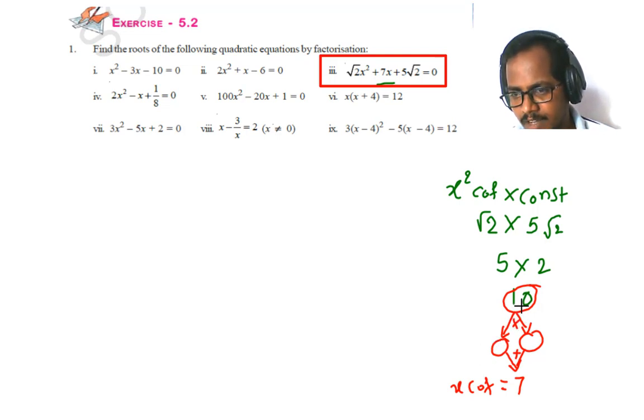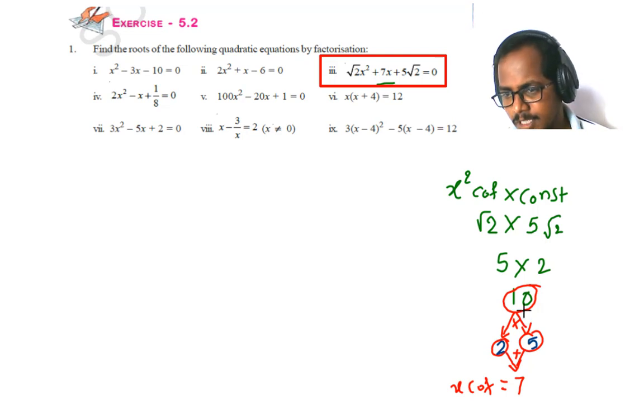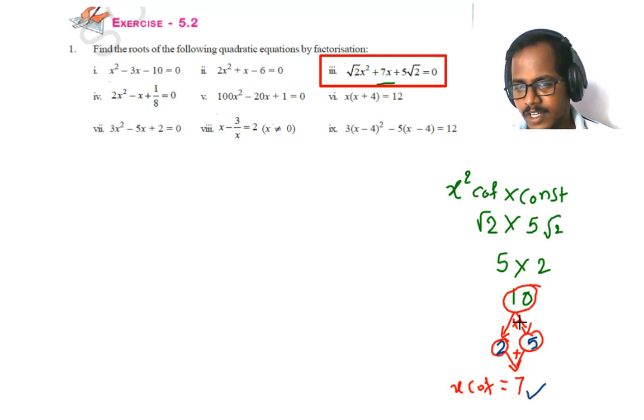Now tell me which pair of factors we need to consider for 10. Very good. We have to take 2 and 5. Here 2 and 5 are the suitable pair of factors for 10, since the sum of those two factors is equal to the x coefficient 7. So by using 2 and 5 we can split the middle term, that is 7x.